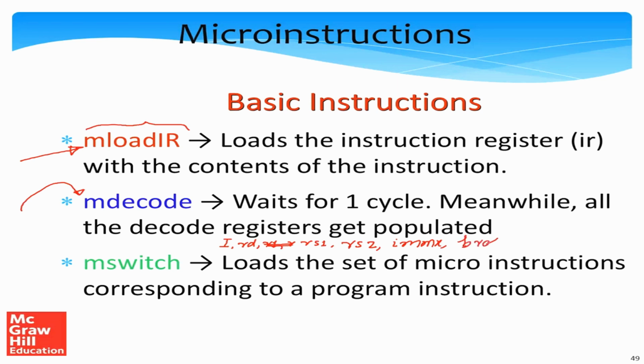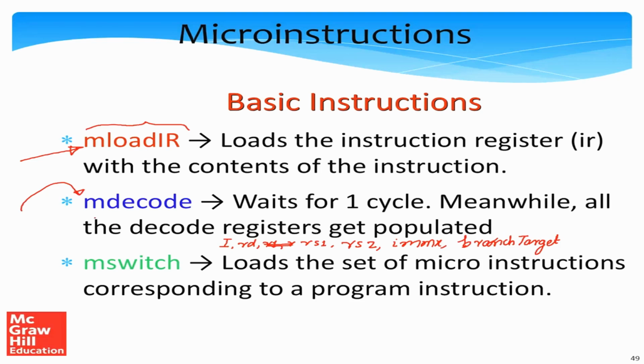So at the M decode instruction, we wait for one cycle, and in that cycle, we expect that the circuitry that takes the contents of the instruction from IR would have populated each of these registers.